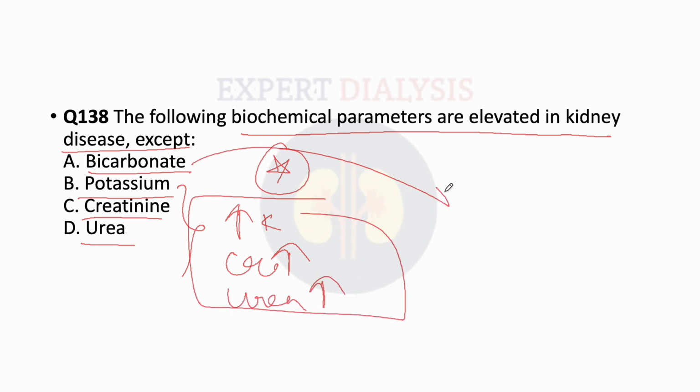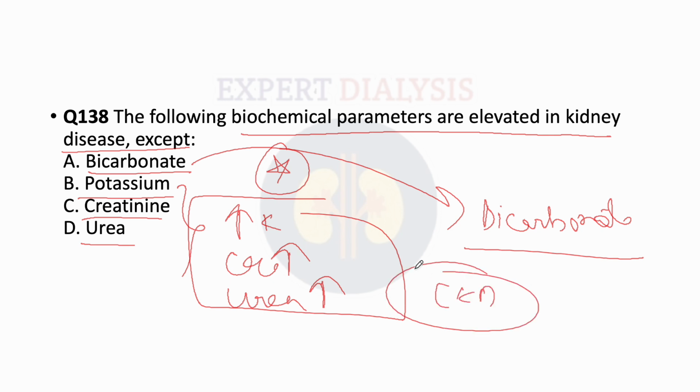But bicarbonate is generally lower, and that's why CKD patients generally move to metabolic acidosis, because the bicarbonate is lower and acidic H plus ions and potassium ions are higher in the body, making it acidic.